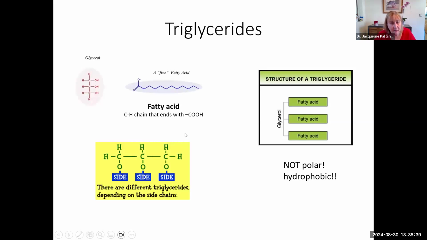There are going to be side chains attached to that COOH, and those different side chains determine which triglyceride it is. It's beyond the scope of this class to talk about different types of triglycerides.